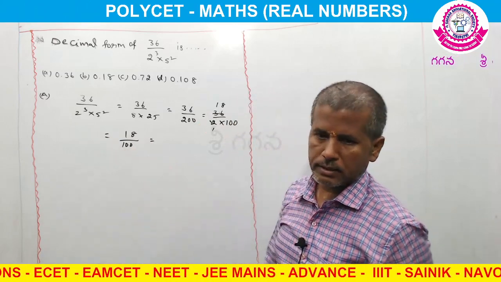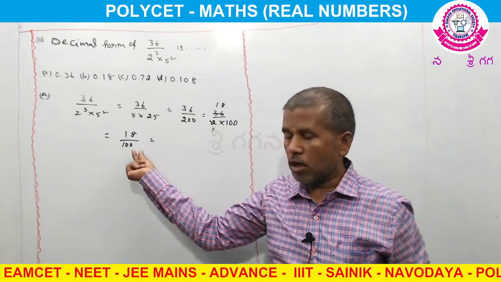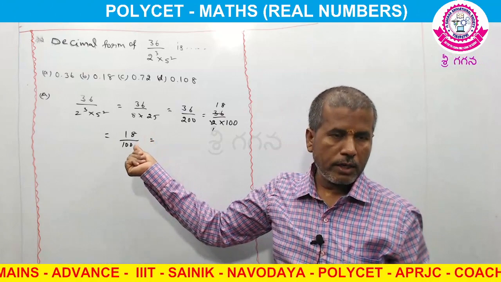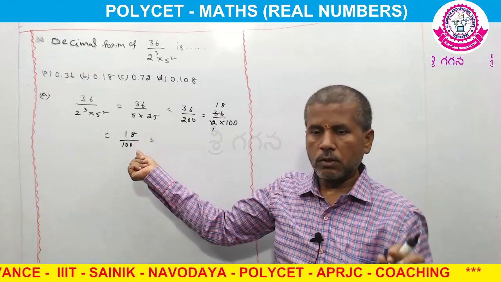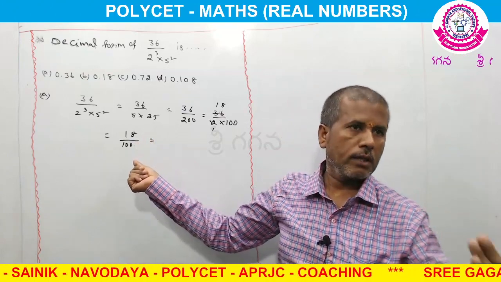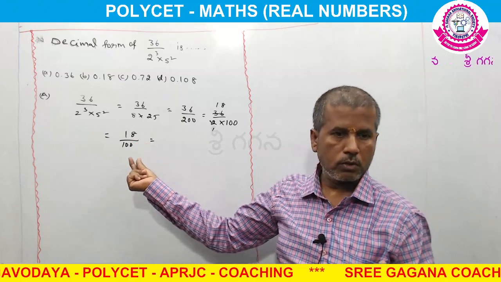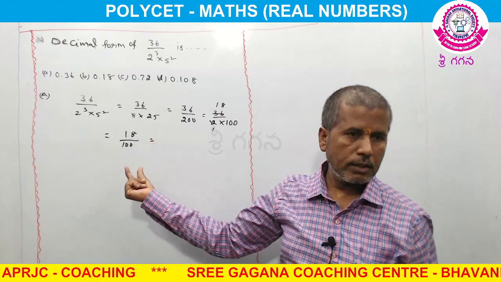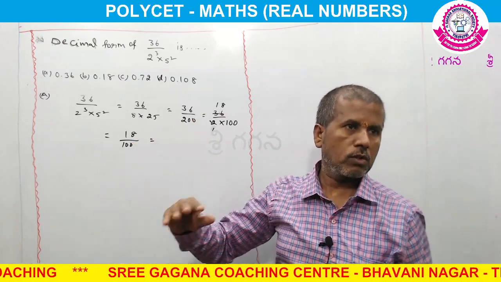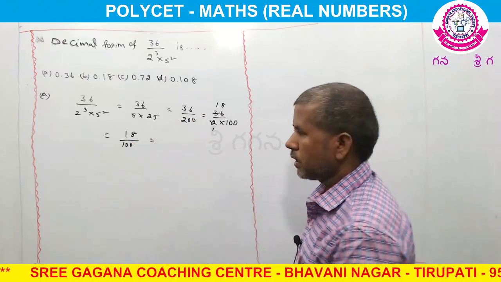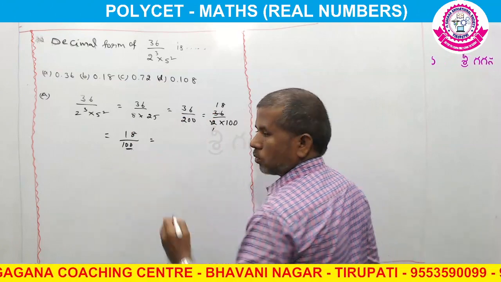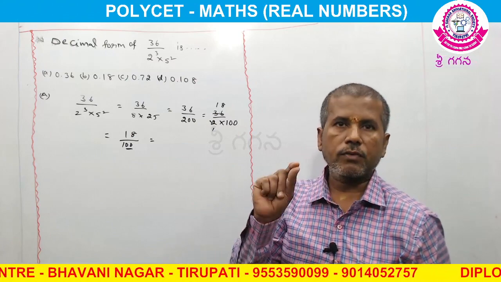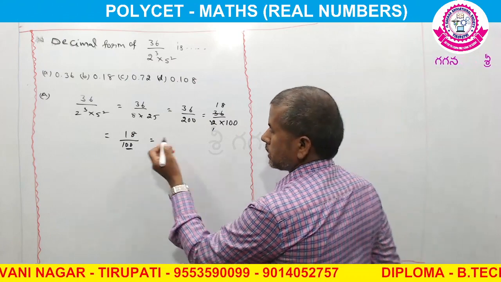In the previous class I told you, for the denominator zeros: 1 zero, put the point after one digit; 2 zeros, put the point after two numbers; 3 zeros, after 3 numbers; 4 zeros, after 4 numbers. So here 2 zeros, so we put the point after 2 numbers on the left side.